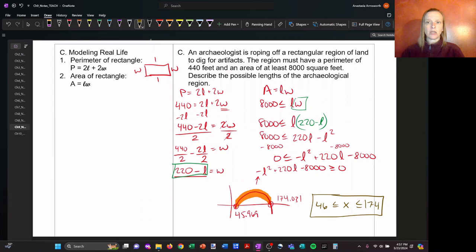Notice the original inequality sign was less than or equal to, so technically these points should be shaded in here, like this. And we want all values of x that lie between those 2 points that satisfy both of those inequalities. I hope this helped.